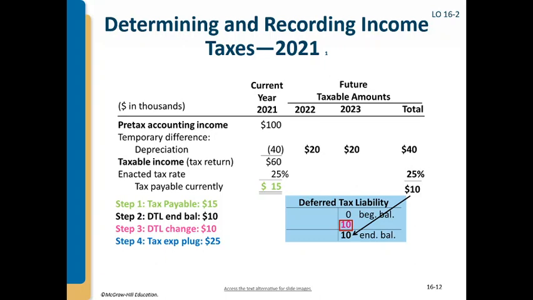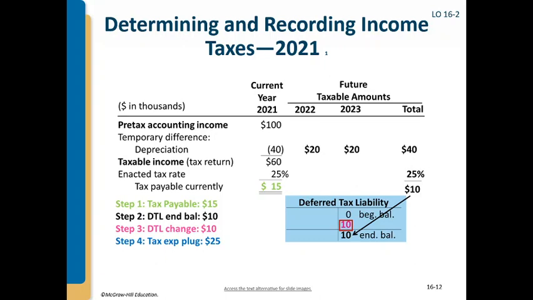And notice that they're using not the amount of depreciation that was used, 60,000, but the temporary difference, the 40,000. So taxable income is going to be 60. You multiply that times 25% and you come up with a tax payable of $15,000.